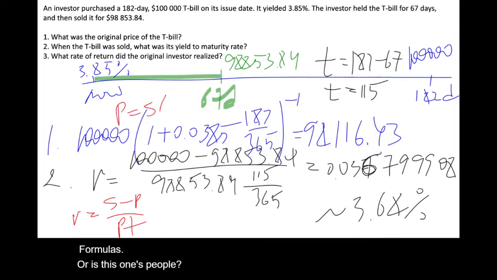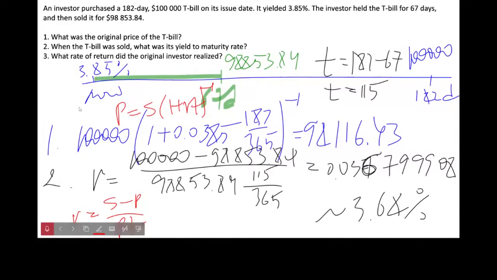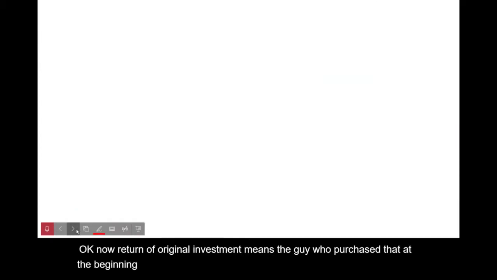Here P is S over 1 plus RT minus 1. Now the return of the original investment, meaning the guy who purchased it at the beginning of the game.